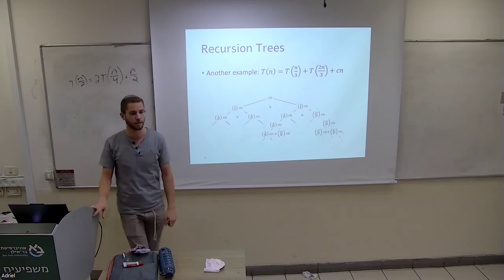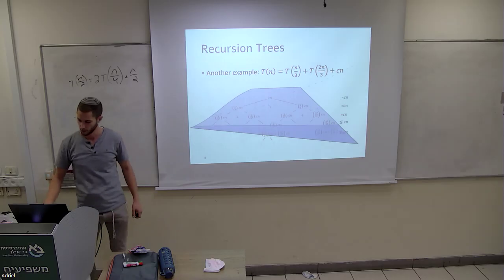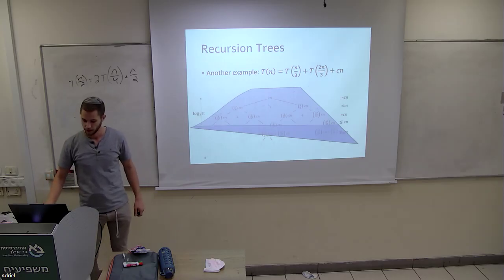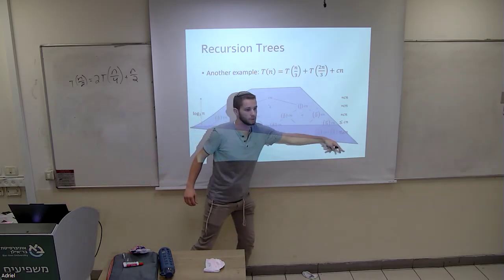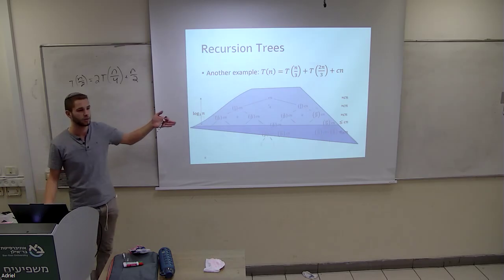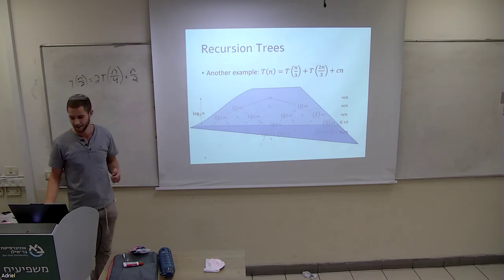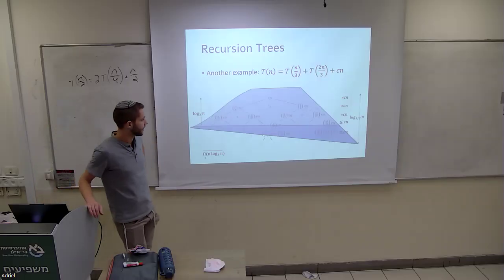You're right, we have here log 3 of n, and there it's log of 3 divided by 2 of n. And that's why we have a tree that's a little bit crooked. So this one is log 3/2 of n.